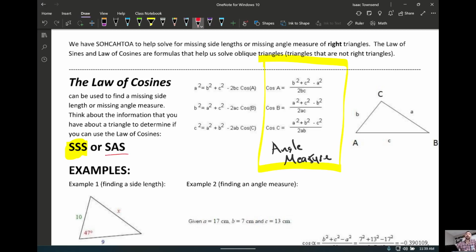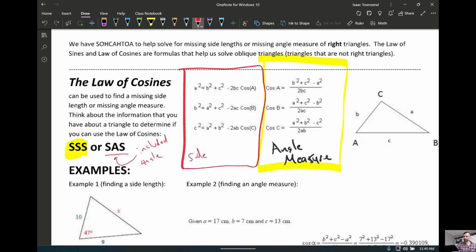And if you have side, angle, side, which means you have two side lengths, and you know the angle trapped in between those, known as the included angle, you need to know that term, then you could use one of these to solve for a side length. Again, law of sines that we talked about last class did not work with side, side, side, nor side, angle, side. So really same objective, but it works for different information.